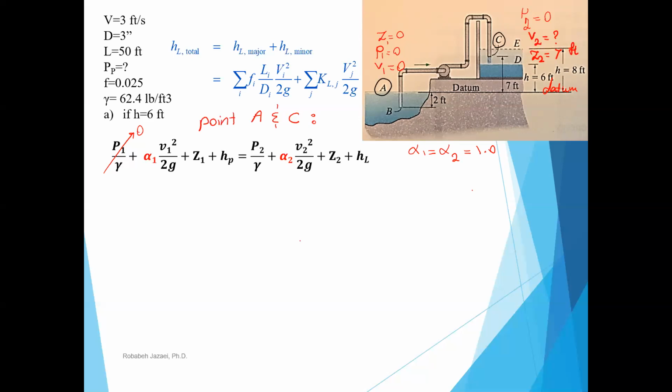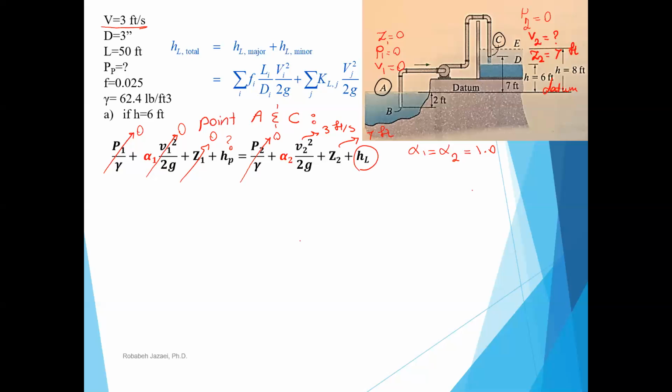So velocity at point 1 is 0, elevation is 0. I don't know the head for pump. I know pressure at point C is 0. I know the velocity after the pump, which is 3 feet per second. Elevation, I know it's 7 feet.